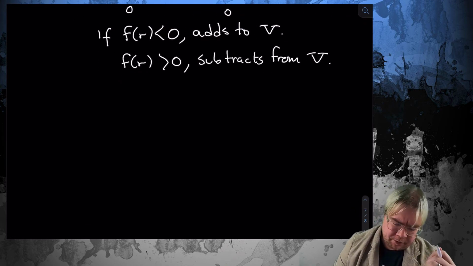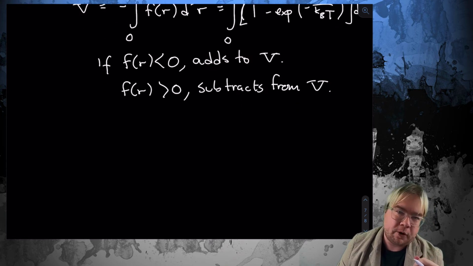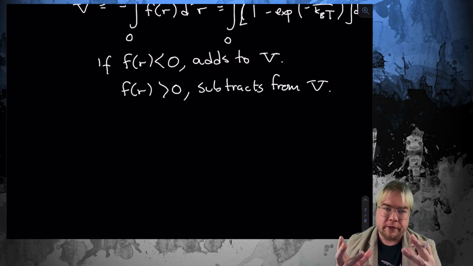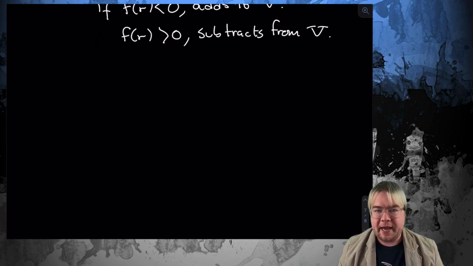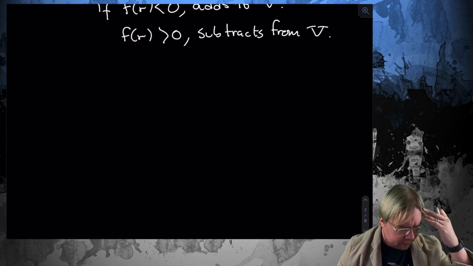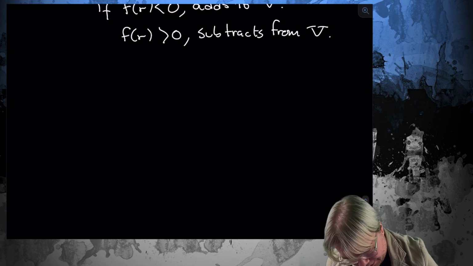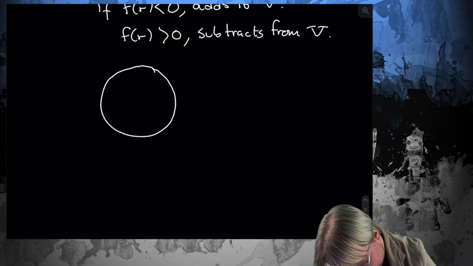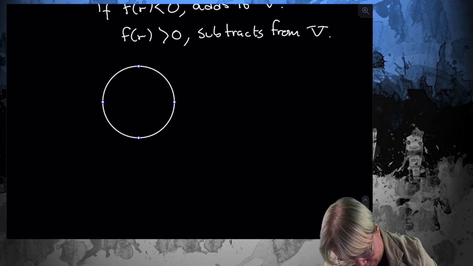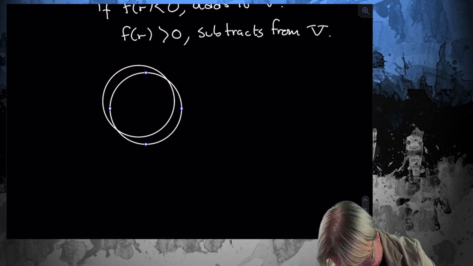I should also say before I do this that the Mayer f function is really only valid for spherical particles, so spherical units. If they're not, then it's not valid, but we can get around it a little bit. Okay, and we'll do that in a little bit. So let's do this. Let's calculate the excluded volume, and let's do it for two spheres. So I've got one sphere like this, and let me copy this, or duplicate it.